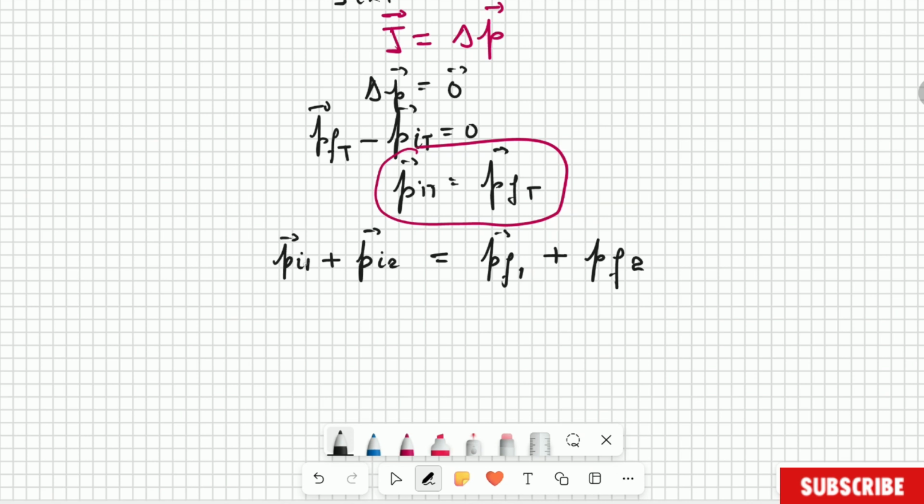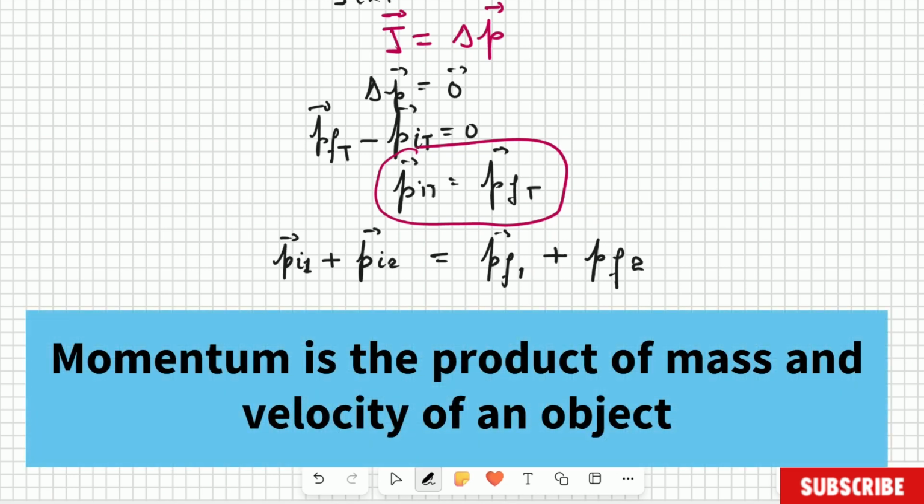This is a beautiful one. P initial 1. When I say 1, I mean object 1. Object 1 could be a car, and object 2 could be the wall the car bumps into. We can break this down even more because momentum is equal to mass multiplied by velocity. So let's do that.